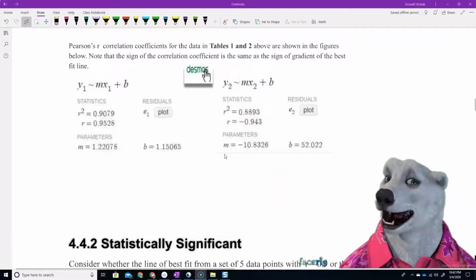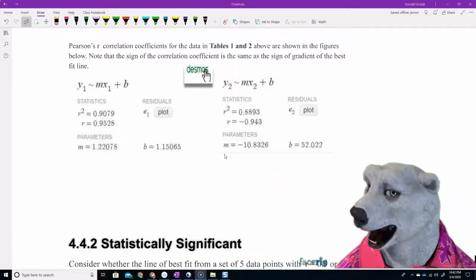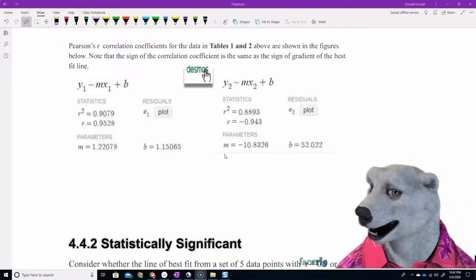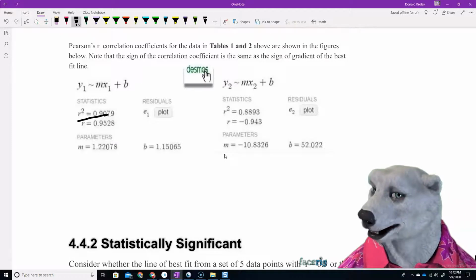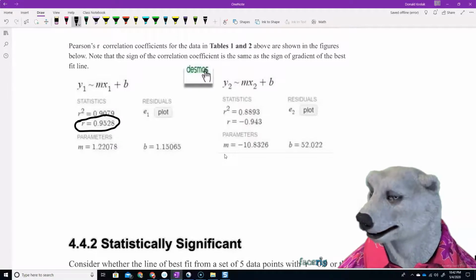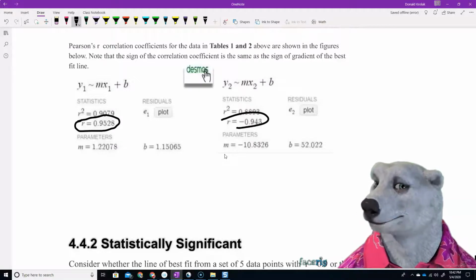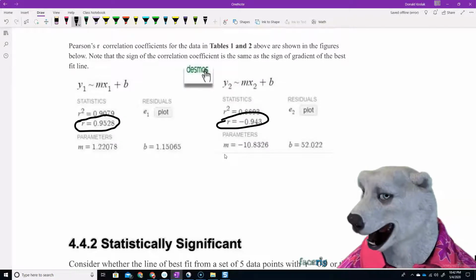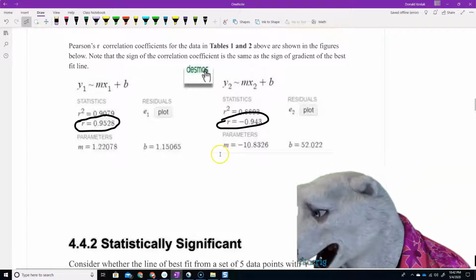Now, in the previous lesson, when you did the line of best fit on Desmos, you got the Pearson R right there. And that's telling you how well your data fits the line of best fit.